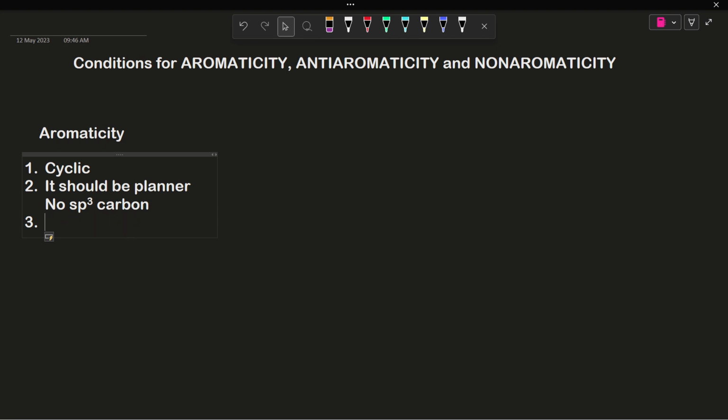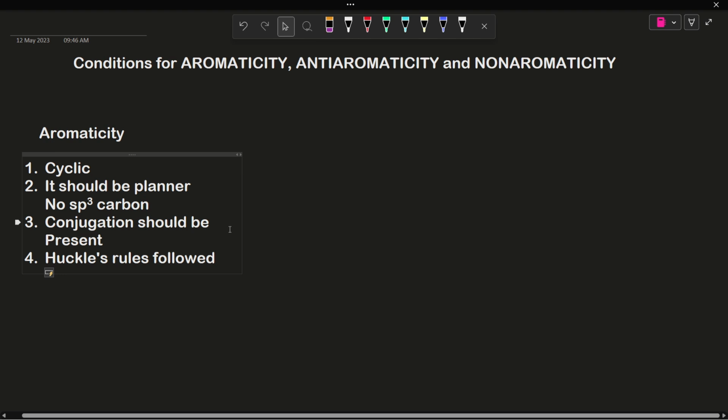Conjugation should be present. Let me write it down this way. And the fourth condition, the most important one, is that it should follow Huckel's rule. Now these are the rules for aromaticity.